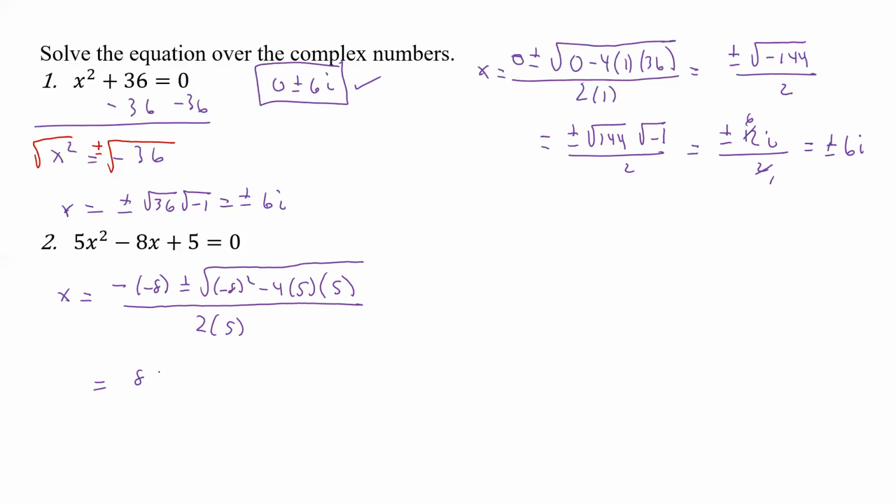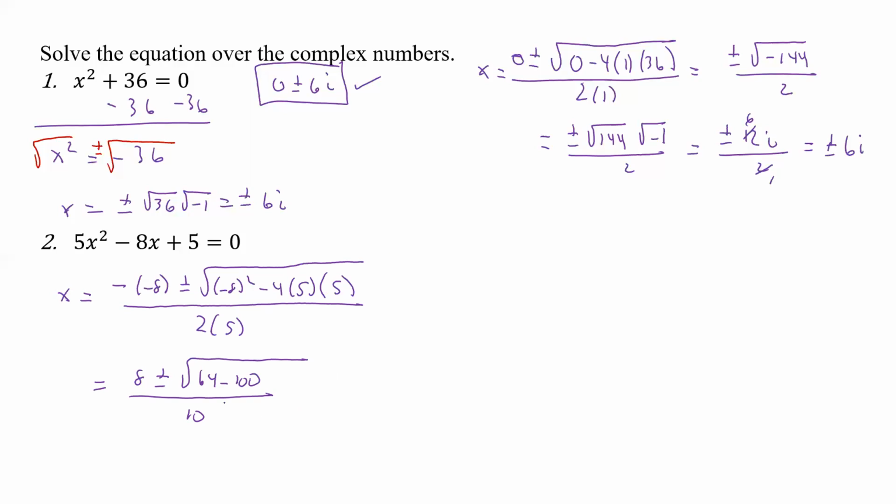So that's going to be 8 plus or minus the square root of negative 8 squared, which is 64. Now we have 5 times 5 is 25, times 4 is 100, all over 10.